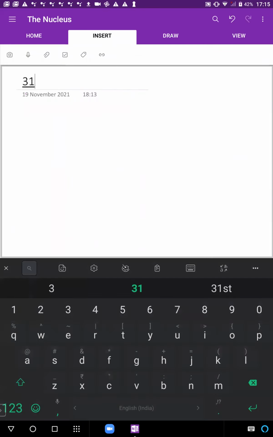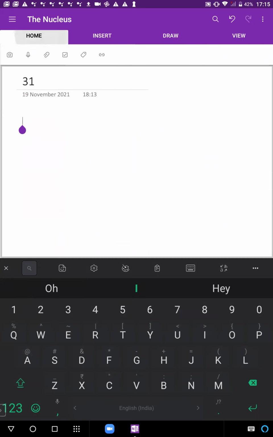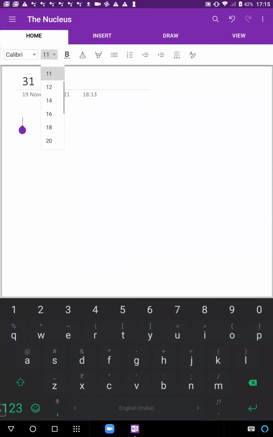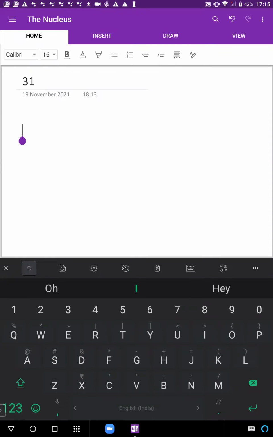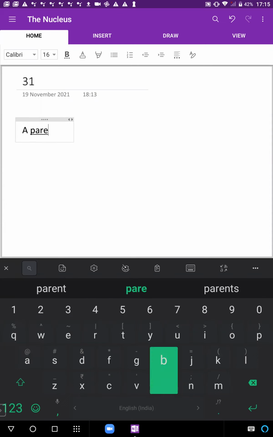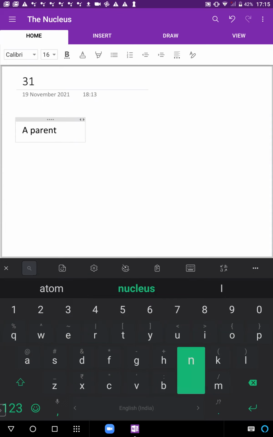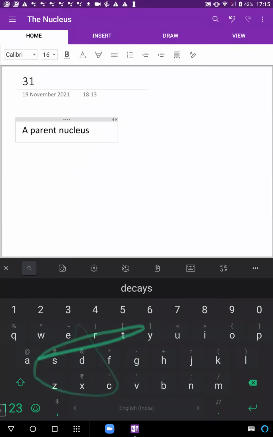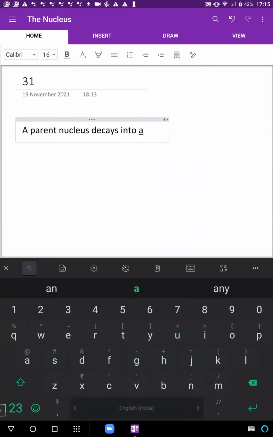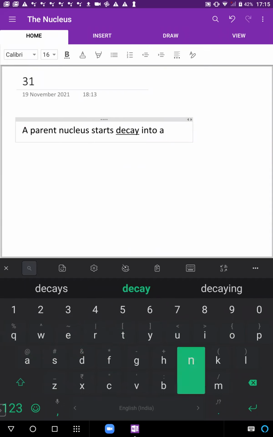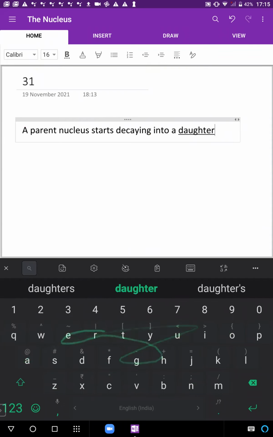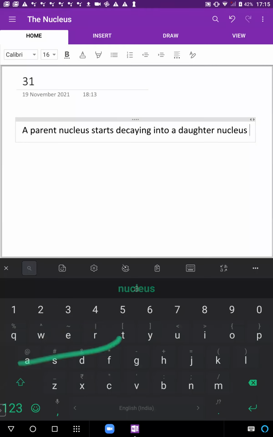In this question, let's say a parent nucleus starts decaying into a daughter nucleus at t equal to 0, and the daughter nucleus further decays.